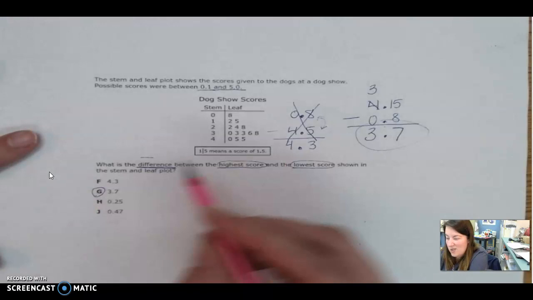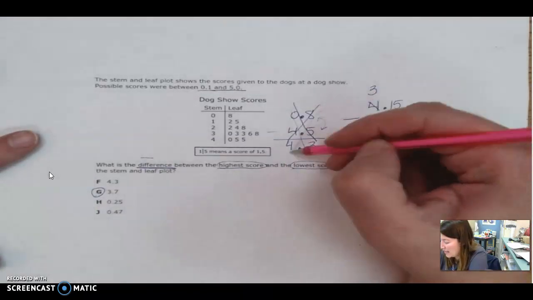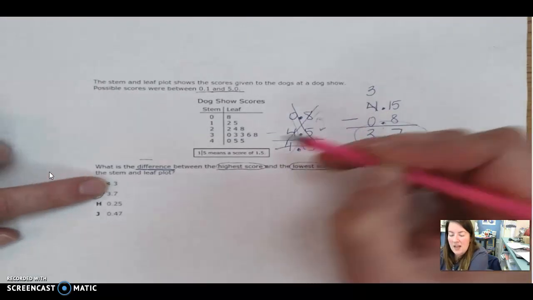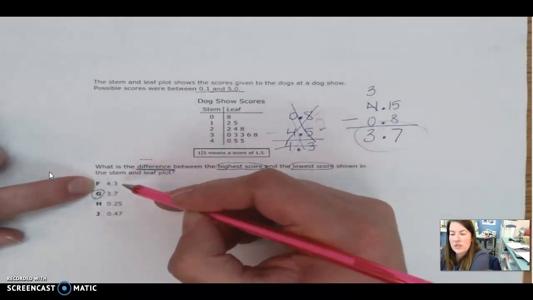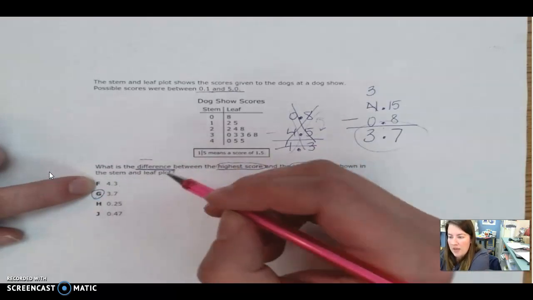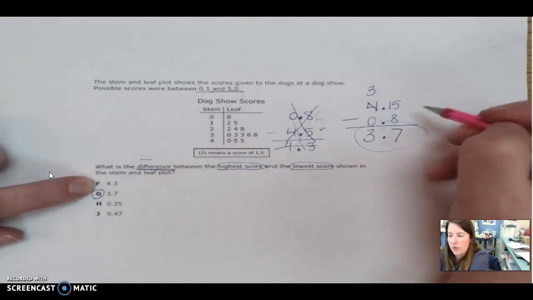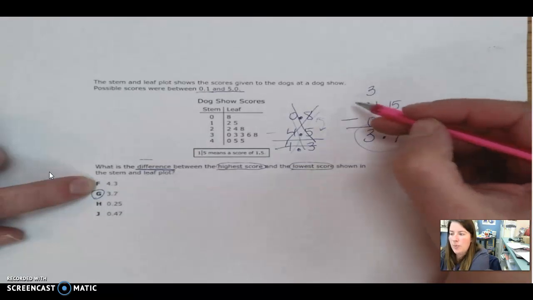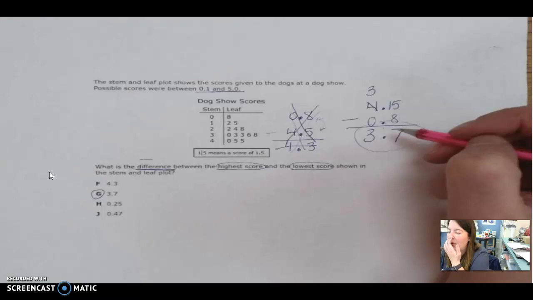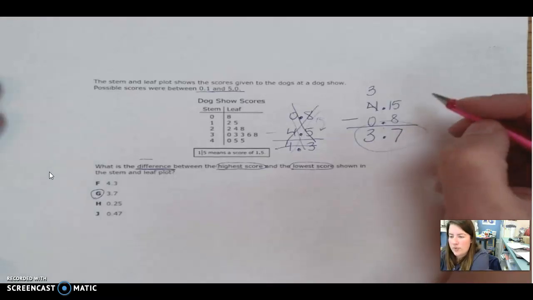They give it as an answer choice, but we can't subtract like this. But they know a lot of kids are going to try to do it like this, so they put it as an answer choice to try to trick you and think that you did it correctly. So make sure you're always double checking your work and lining things up and setting up your problems correctly.